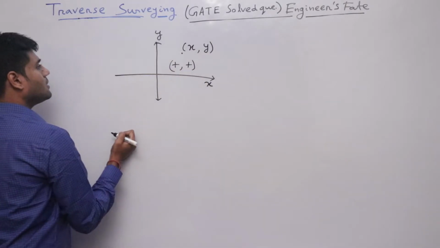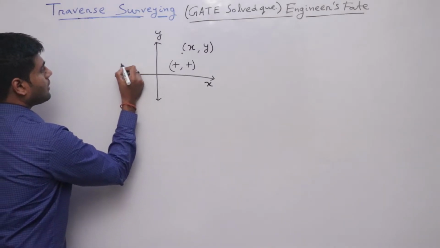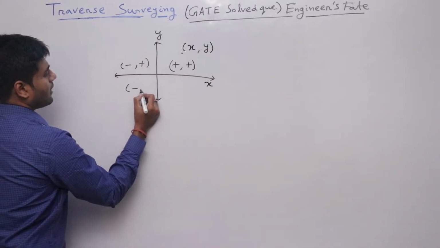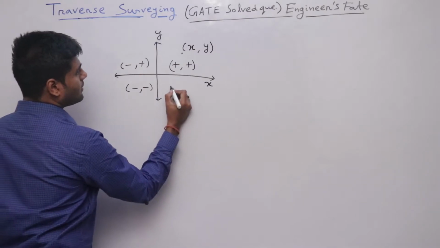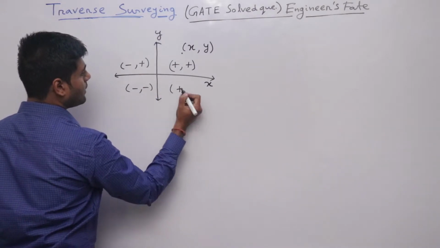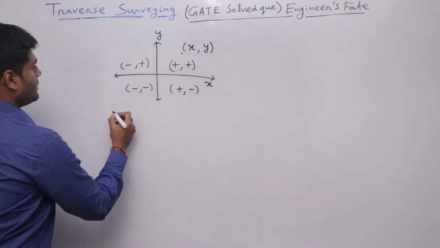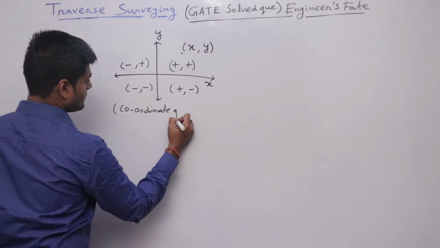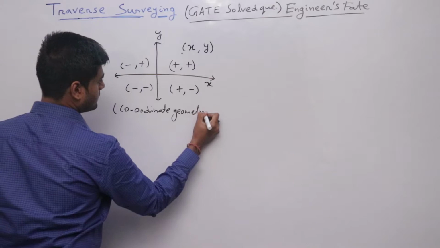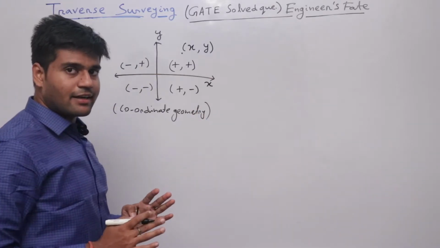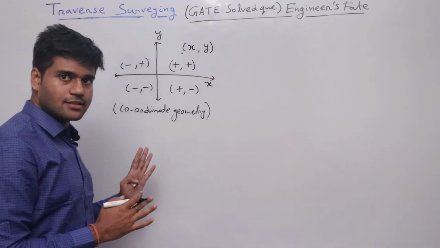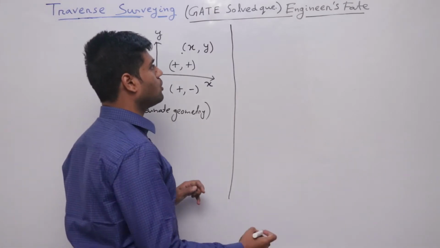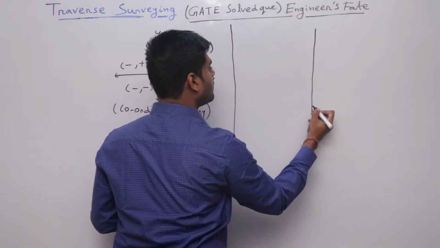In this case x is negative, y is positive, and in this case both are negative. In this case x is positive, y is negative. So this is in coordinate geometry. But in traverse survey we don't consider this. There is a different thing, so please don't get confused with this. So what do we do in traverse survey?